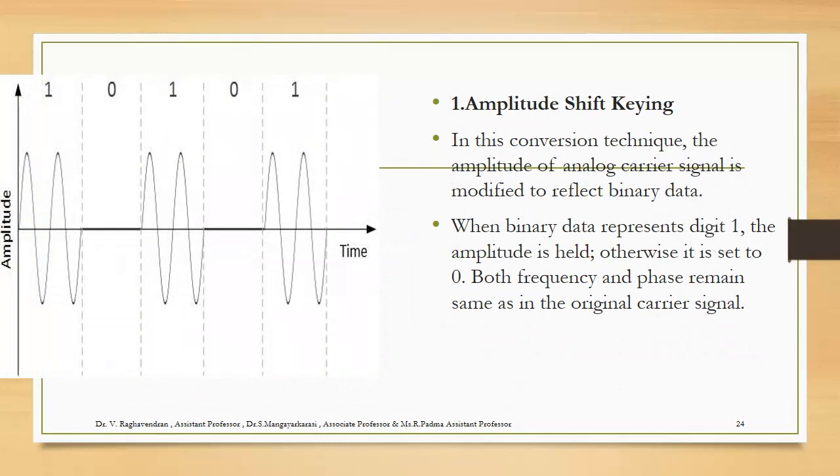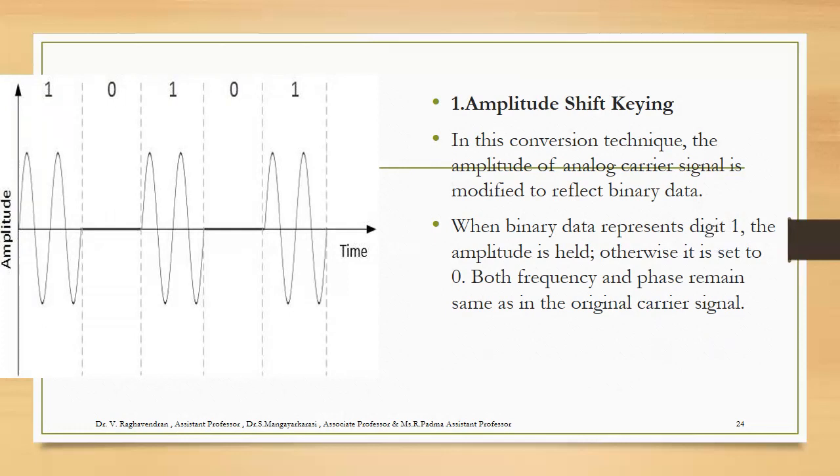This is the example of the amplitude shift keying method. Based on time and amplitude, the graph will be generated. When binary data represents digit 1, the amplitude is held, otherwise it is set to 0. If amplitude is not set, it is represented as 0. Wherever 1 is presented in the graph, the amplitudes are set.